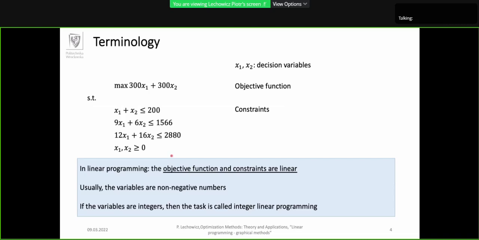And if the variables are integers, then such a task is called an integer linear programming problem. Unfortunately, such types of problems are more complex. However, there also exist methods to solve them, such as branch and bound, cutting plane, or other soft computing methods.